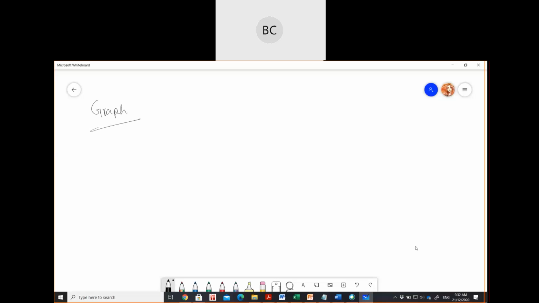Suppose I'm just drawing. Graph can be of any type. Okay, your nodes can be arranged in any way, doesn't matter as long as it has nodes and edges, then it's fine. So if I'm just saying this is node 1, 2, 3, and 4, this is a graph, because you can represent a graph as a set of V and E. Okay, V is a set of vertices.